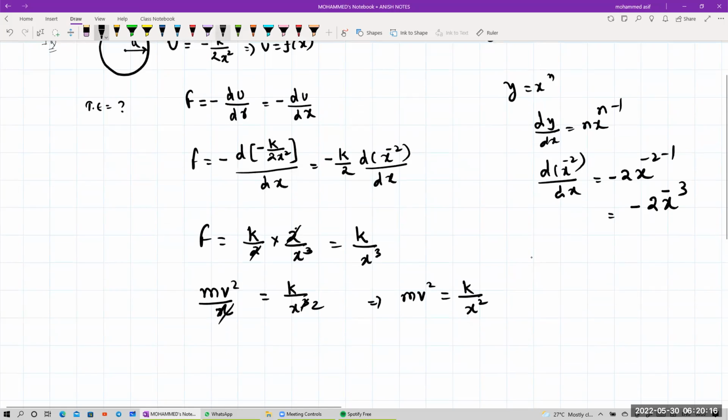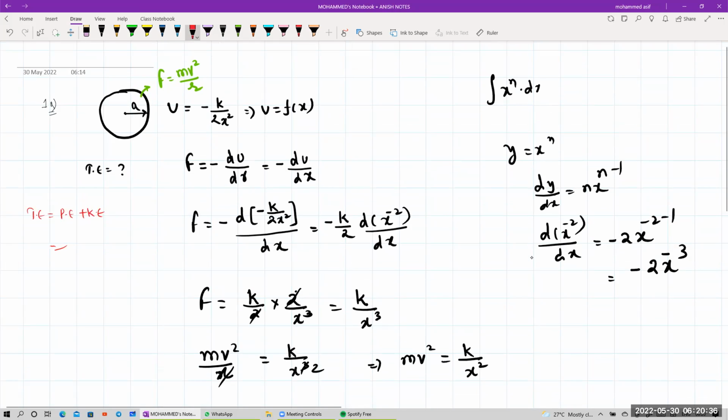What is the formula for total energy? Total energy is equal to the sum of potential energy plus kinetic energy. Got an idea how to do it? What is the potential energy we got right now? Potential energy is equal to minus k by 2 into x square, the given value of the potential energy.